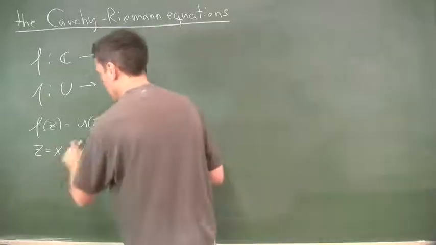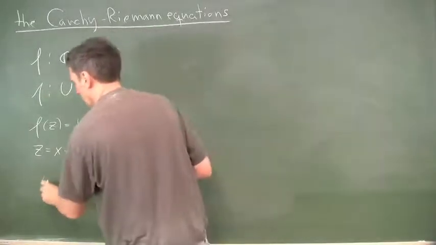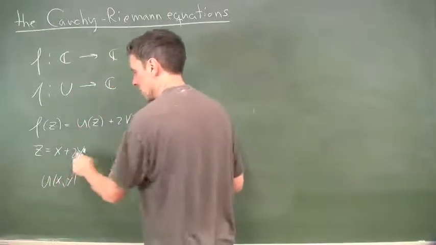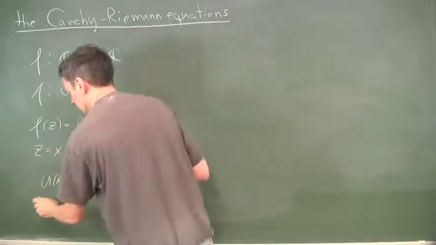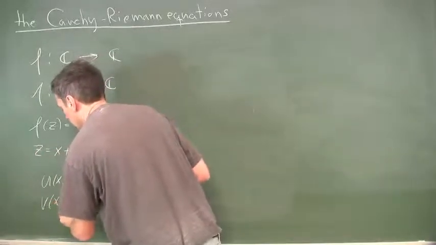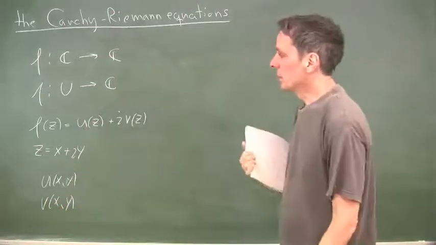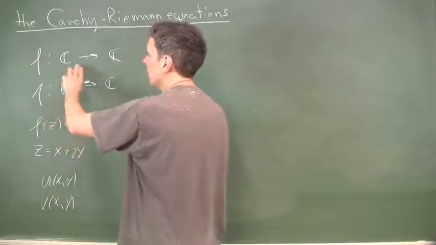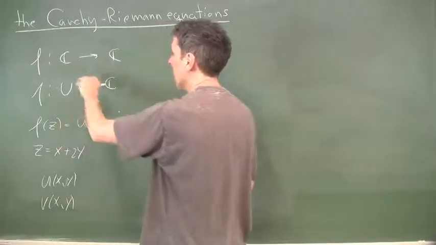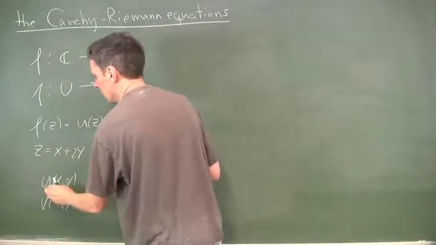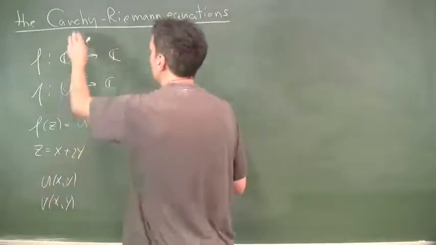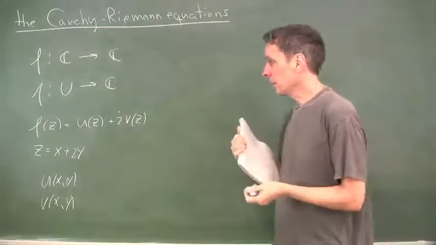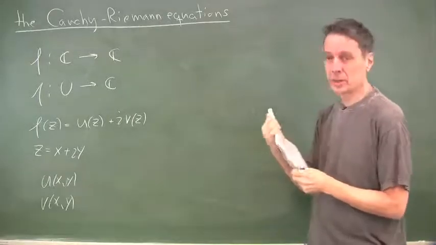And then, of course, these two functions can also be considered to be functions of x and y instead of just z, like this. So the purpose of this lecture is to deduce some differential equations for these two functions, u and v, which we'll call the Cauchy-Riemann equations, which are central in the theory of complex functions.